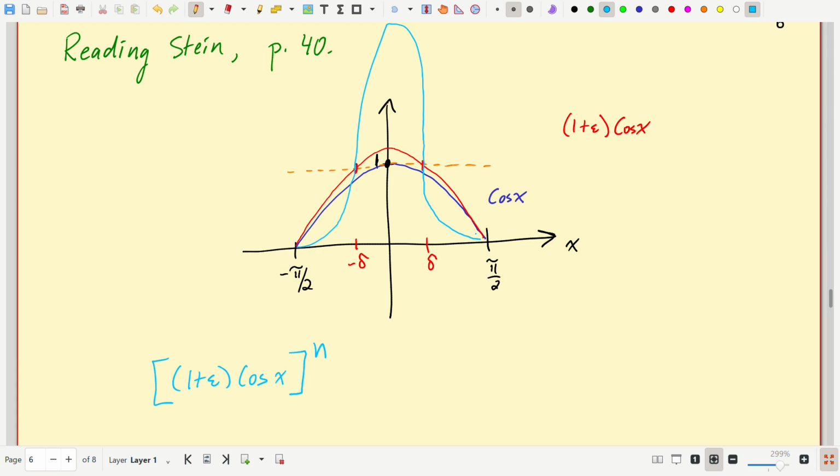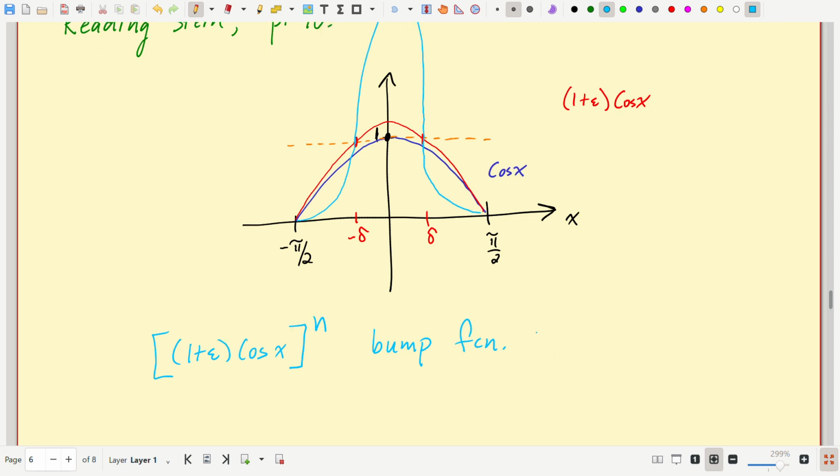I want the area under that thing to be equal to 1, so I'm going to divide by a constant c to make the area under the graph 1.